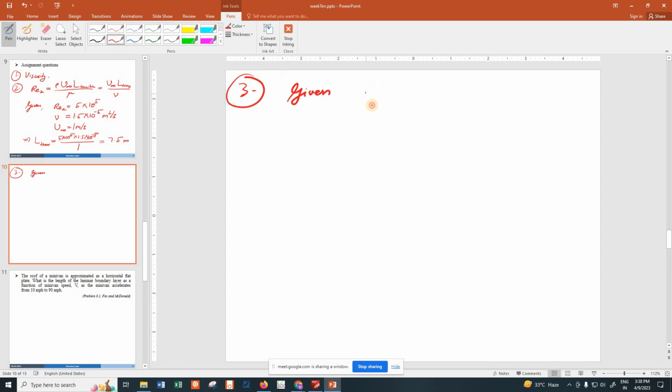Given delta by x is equal to 3.46 by square root of Reynolds number x, and basically this x is L transition.